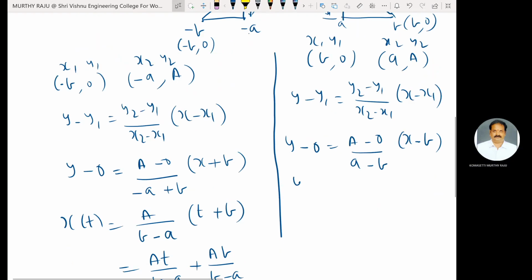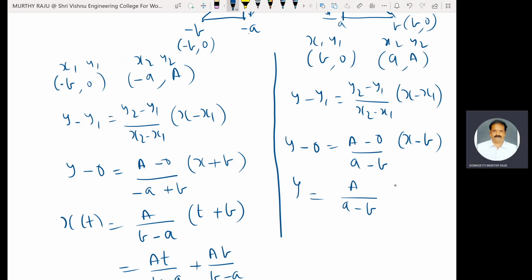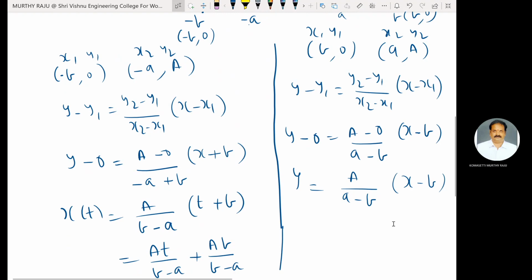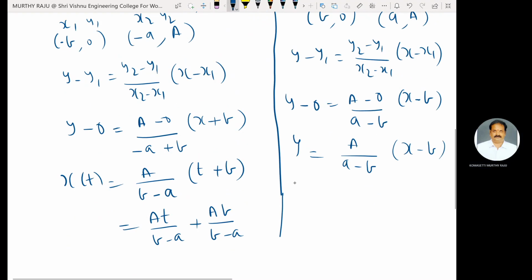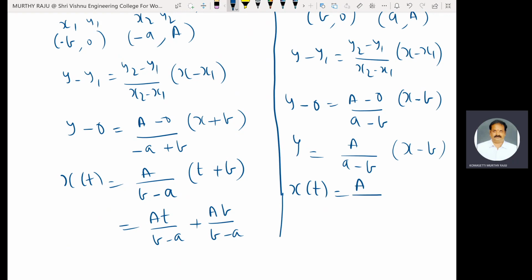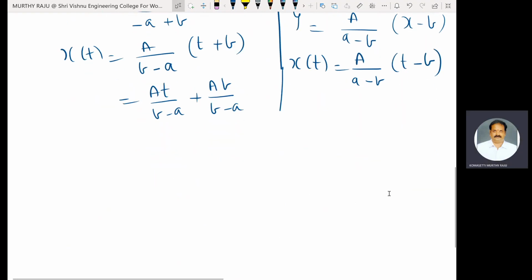Therefore, x of t is equal to capital A by (a minus b) into (t minus b). These are the two portions.